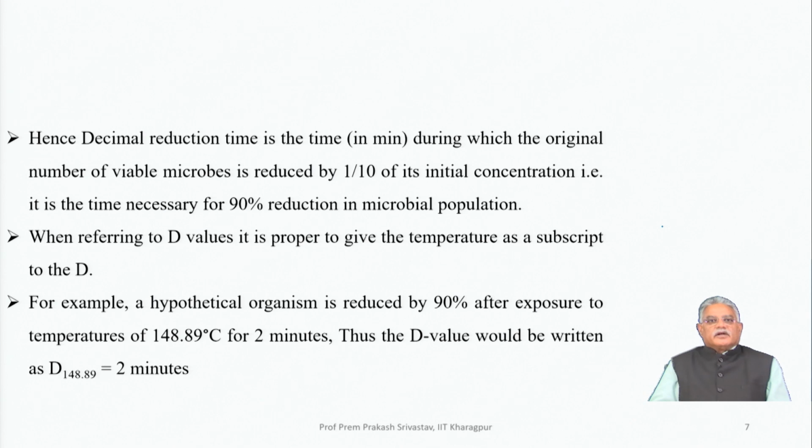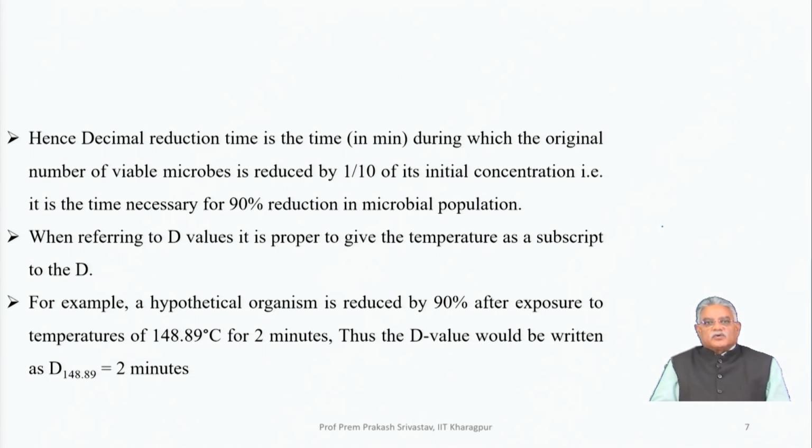Hence, decimal reduction time is the time in minutes during which the original number of viable microbes is reduced by 1/10 of its initial concentration. That is, it is the time necessary for 90% reduction in microbial population.